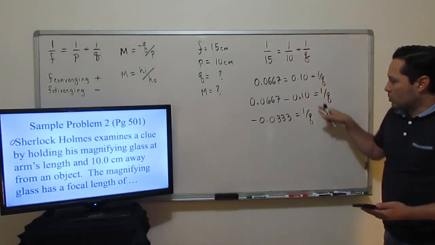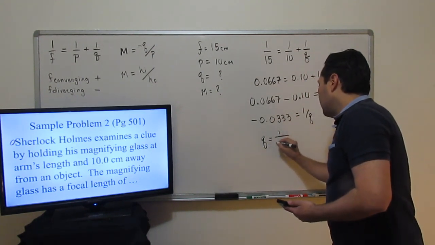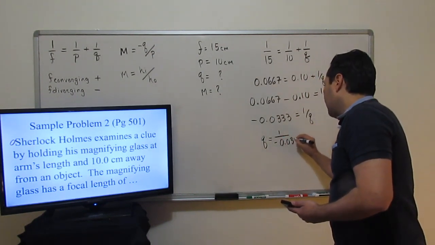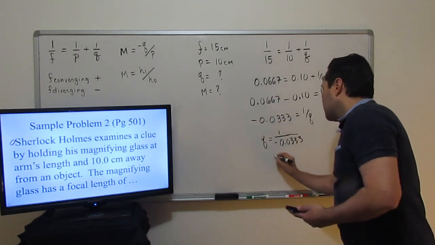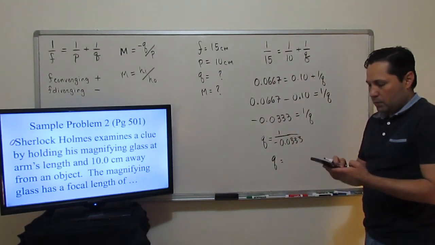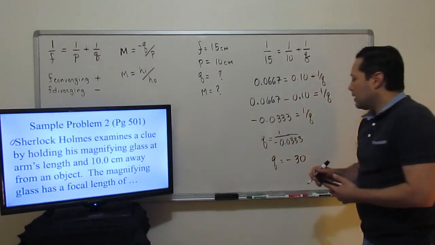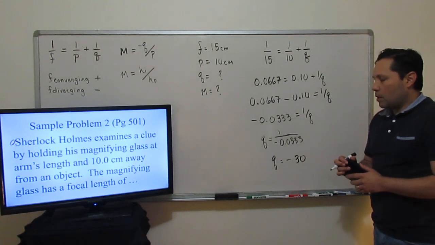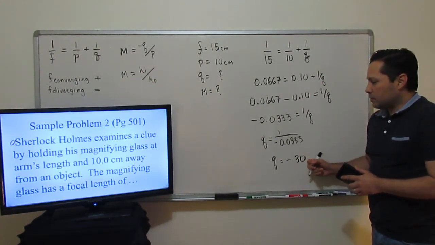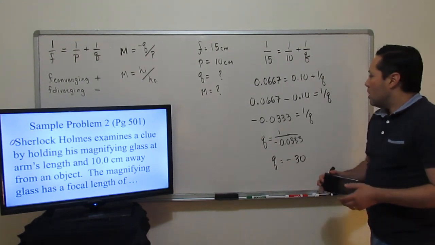Now I'm going to rearrange this formula, and it ends up giving me this. So our Q is the inverse of 0.0333. It is negative 30. Negative 30, so that is our image distance. It's negative, which means it's a virtual image.